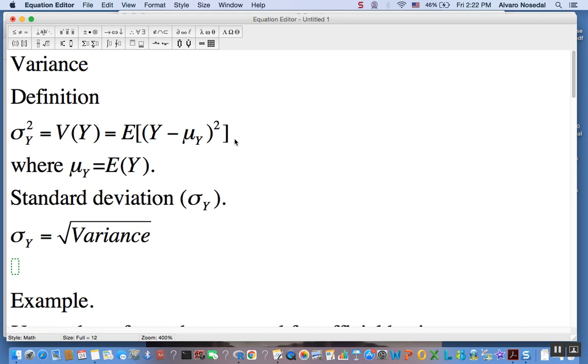We mentioned that the standard deviation is related to that measure of variability: it's just the square root of the variance, and some people prefer the standard deviation because it is a measure of variability in terms of the original units of the random variable of interest. Okay? Well, that's it.